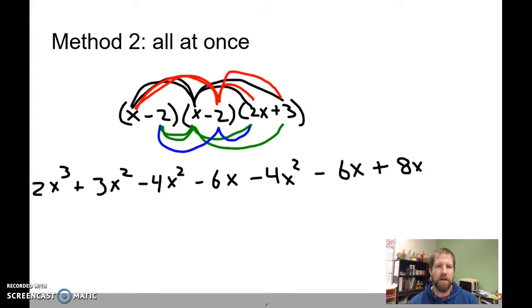And then my last one, negative 2 times negative 2 times 3. So that's going to be, again, positive 4 times 3, which is plus 12. Alright, so you can see this can get more complicated and harder to keep track of, but I am able to do it all kind of in one step.